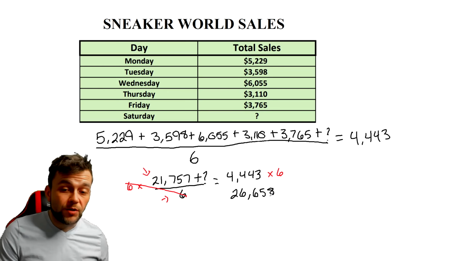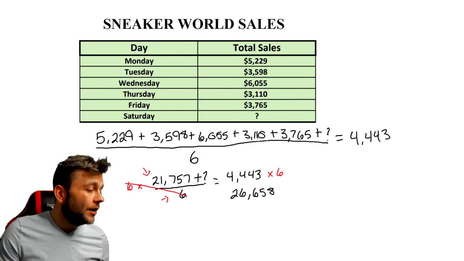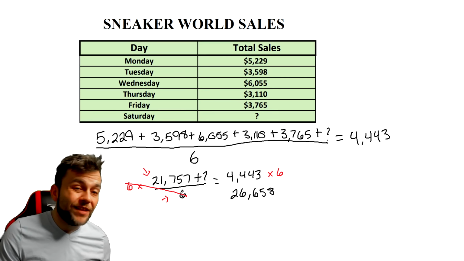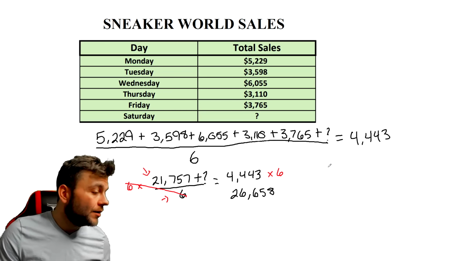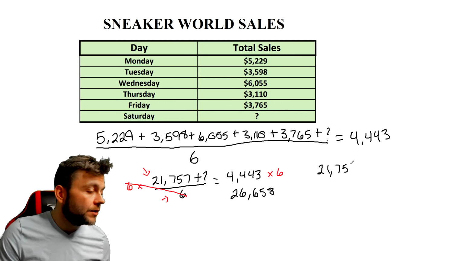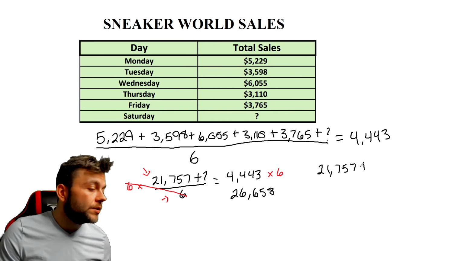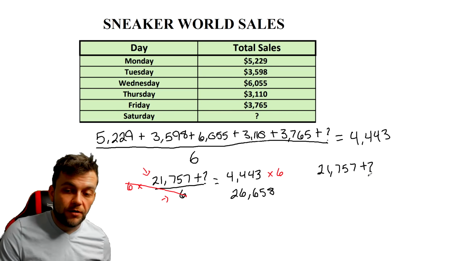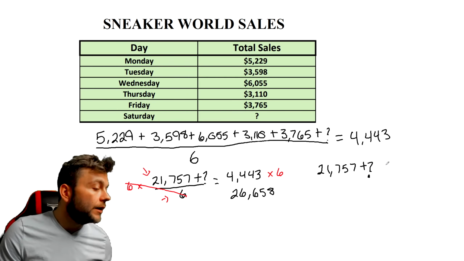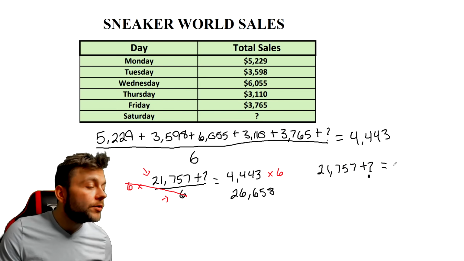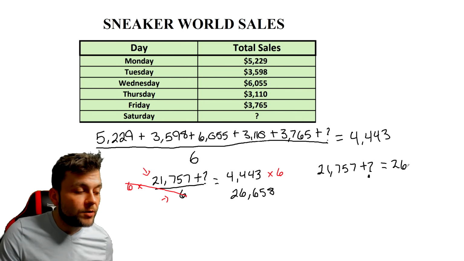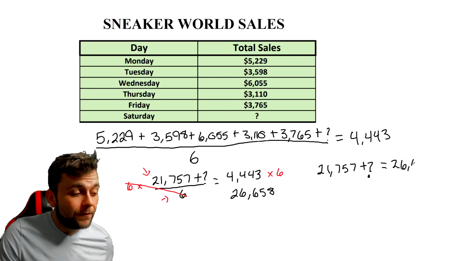Okay, so let's rewrite this really quick, and it'll be a little bit easier, just a little bit. So we've gotten rid of that 6 on the bottom, remember that. So it is 21,757 plus the question mark, and that equals 26,658.